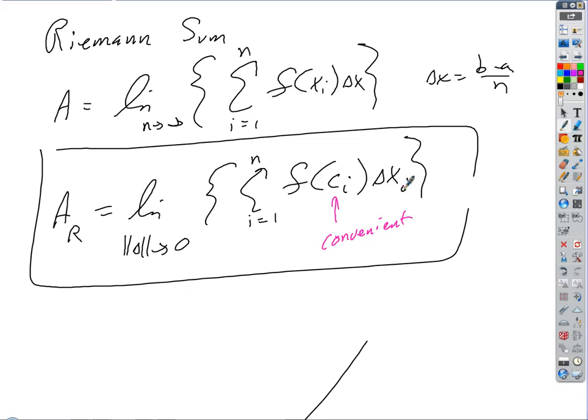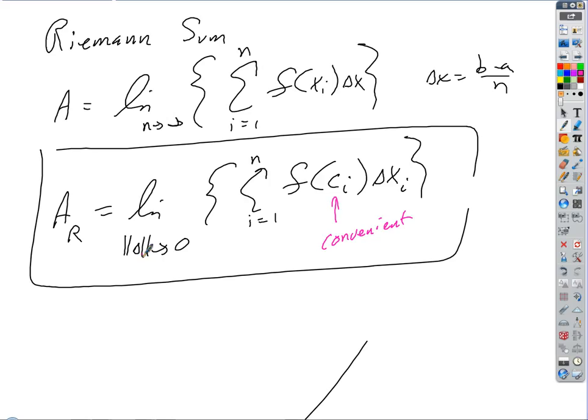We still know that the exact area based on a Riemann sum is going to be the limit of this sum as the norm goes to 0, right? What that means is, it's just a notational thing, and all it means is, if we don't have uniformly wide delta x's, if the widest one, the biggest one, goes to 0, then that's going to push all the other ones to 0 also, right?